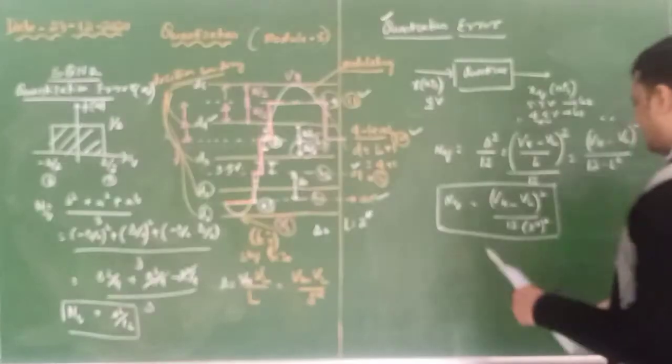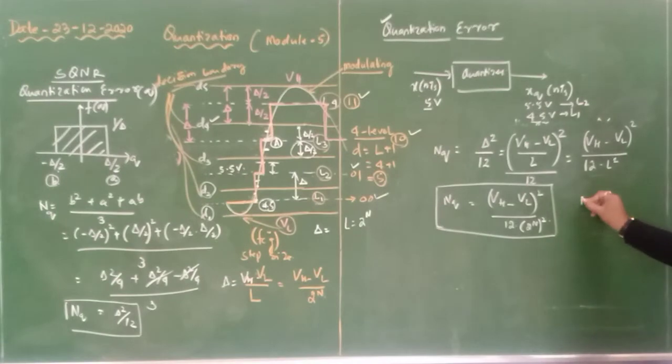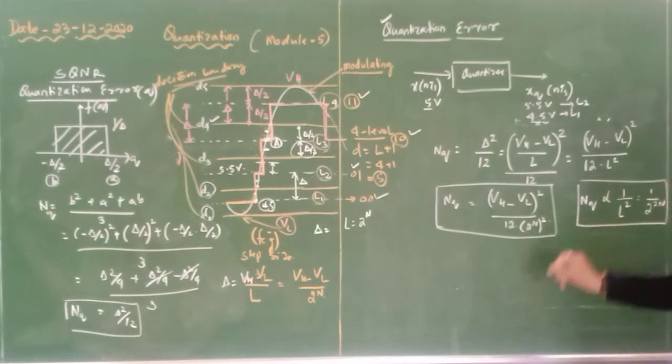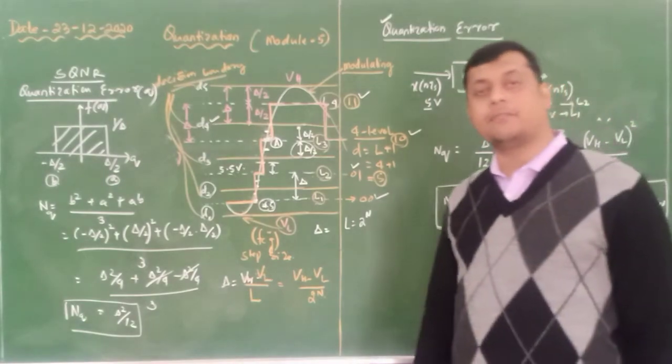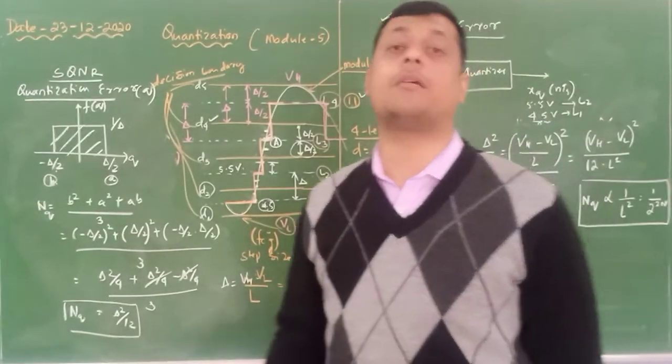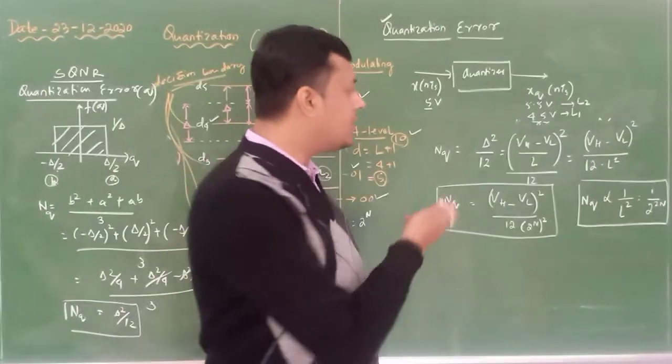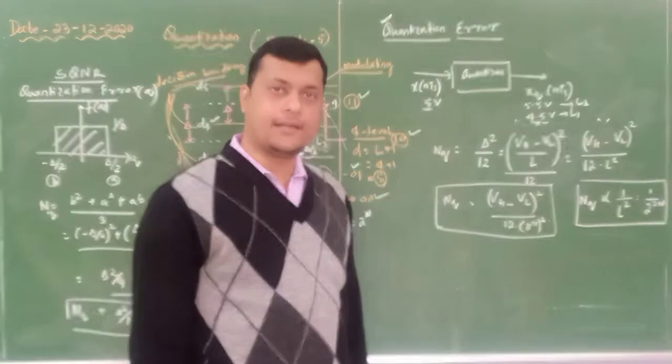Okay. So here I can write the quantization noise power is inversely proportional to L square, or inversely proportional to 2 to the power 2n. So this indicates what? If the number of binary bits are increasing, if the number of levels are increasing, your quantization noise is reduced.